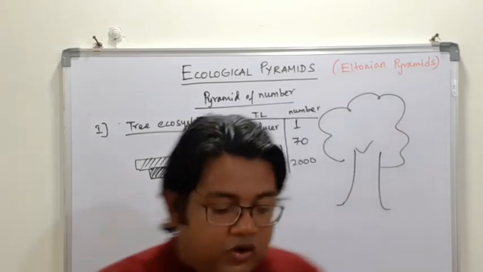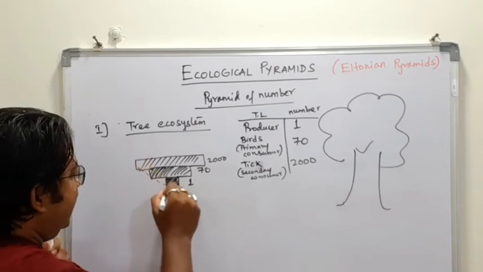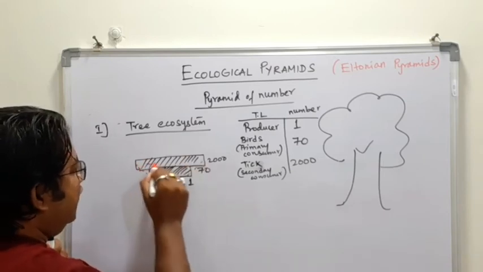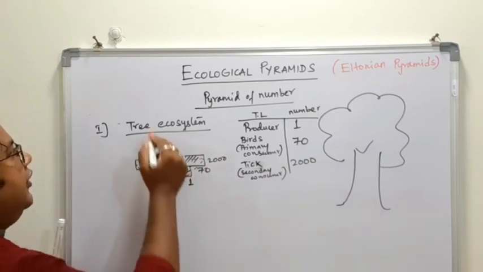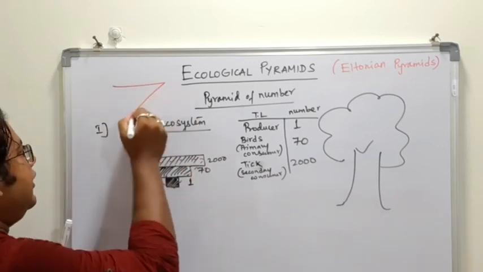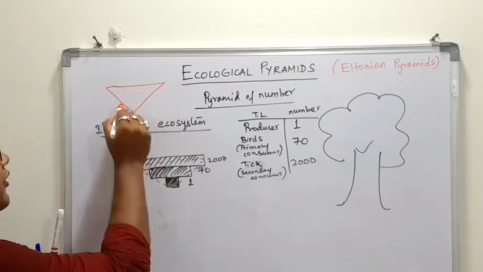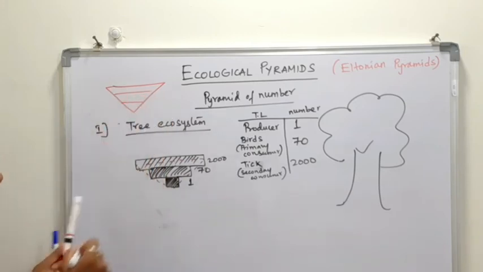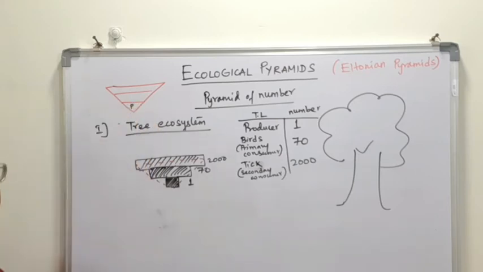Now, if we draw the pyramid shape again from here, let us consider a pyramid like this. How will the triangle look? It will look something like this, where the producers are less over here, the producer is less.